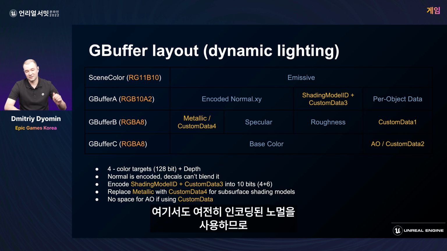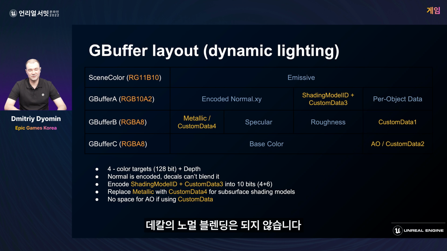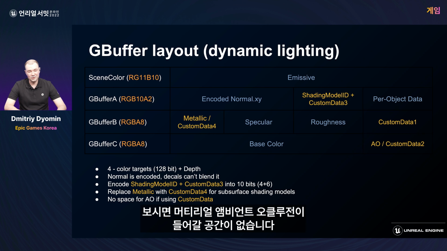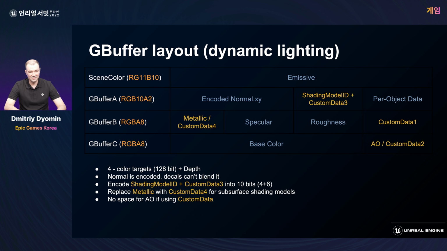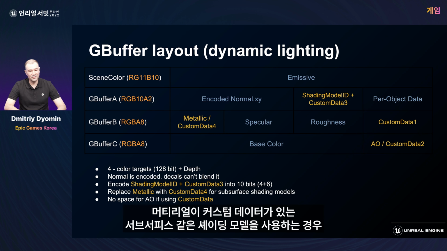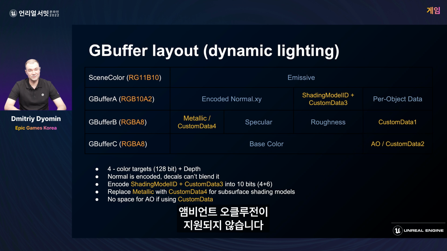Still, we have to use encoded normals so will be no correct blending for decals with normals. Also, there is no space for material ambient occlusion. When material uses a shading model with a custom data, we don't support ambient occlusion for it.